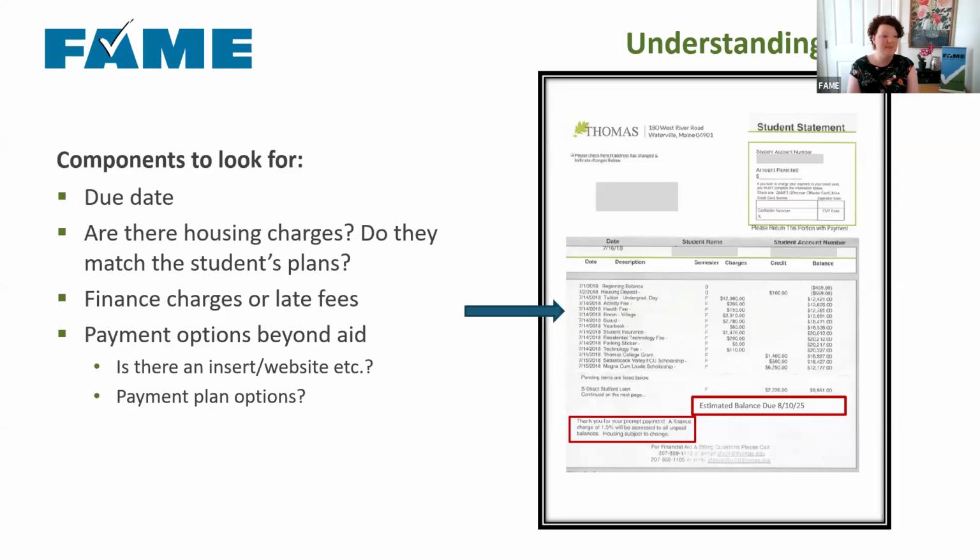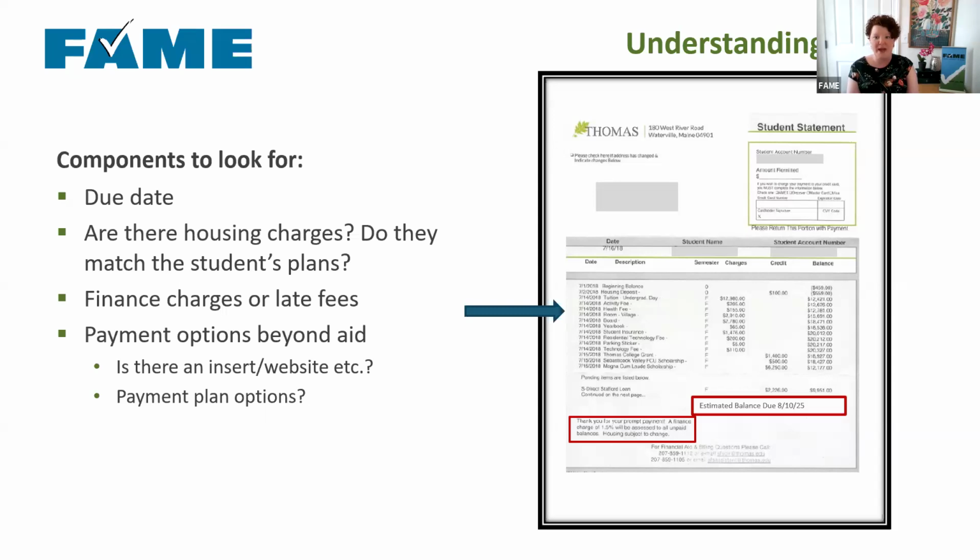So I did have a question, is the amount due in August only for the fall semester? Correct. So that amount due in August for the vast majority of colleges, now some might work a little bit differently, but most colleges are going to charge you by semester.